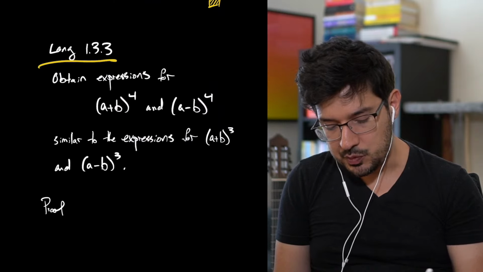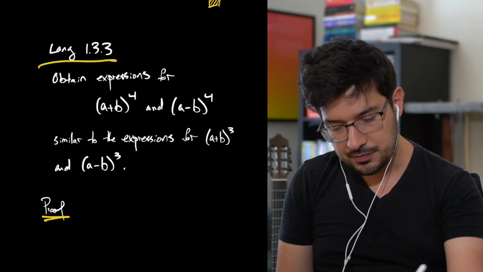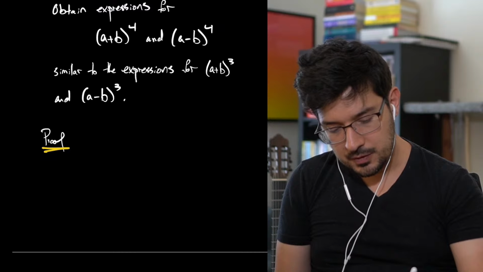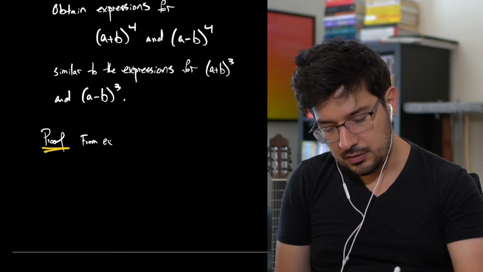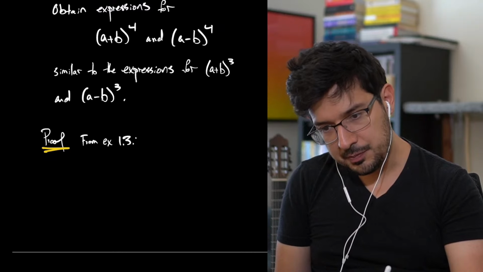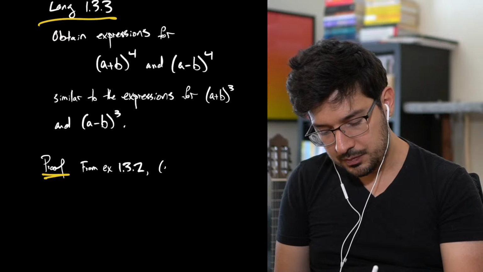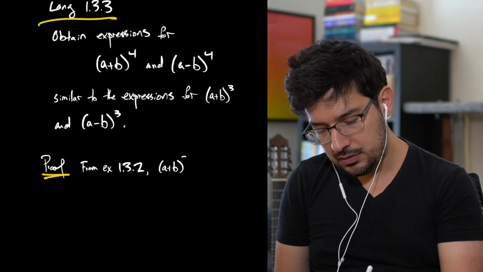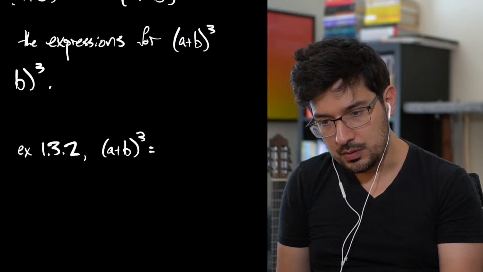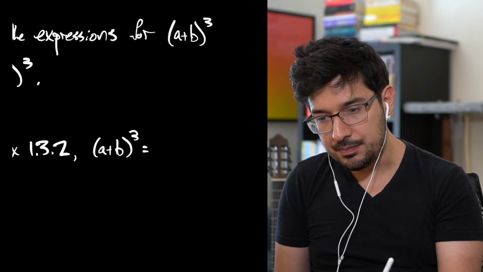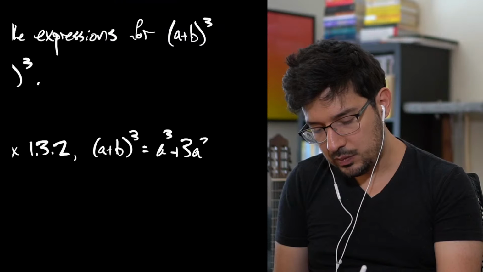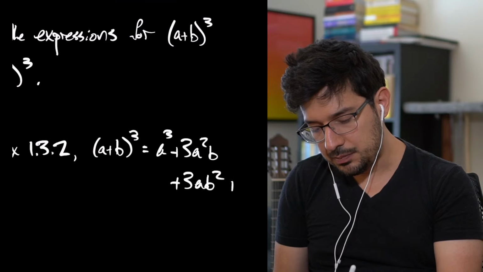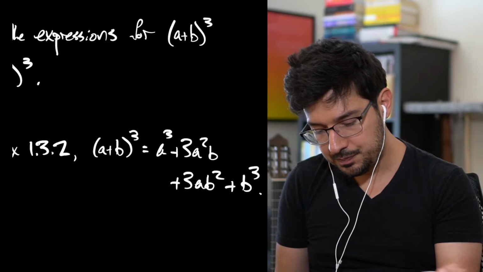I think we get to call this one a proof. I'm going to call this one a proof. From the previous exercise, a plus b cubed, the cube of a sum, is a cubed plus 3a squared b plus 3ab squared plus b cubed.